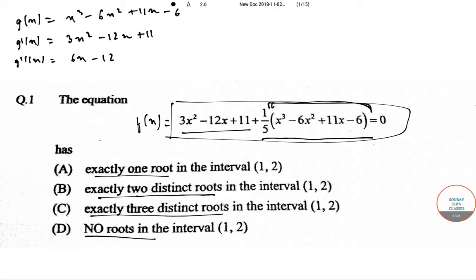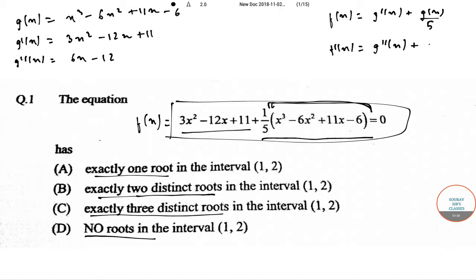And f(x) is equal to g'(x) + g(x)/5, and thus f'(x) is equal to g''(x) + g'(x)/5.